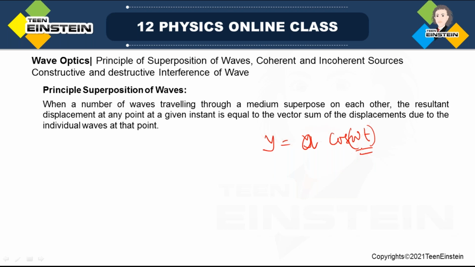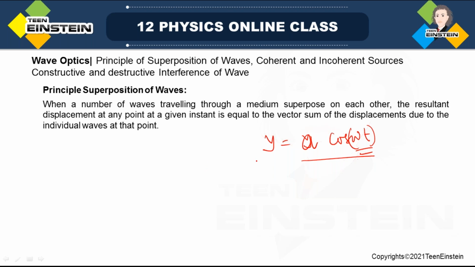So the phase factor gives the information of its motion, its displacement at any time. As we go along we'll learn again. So this is the term.